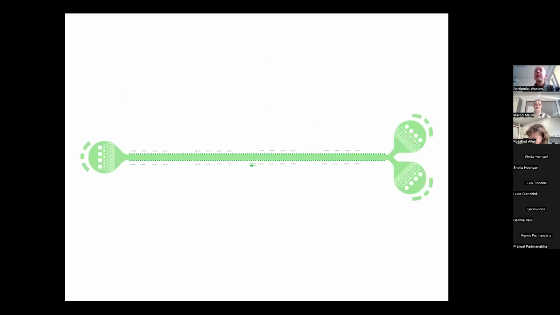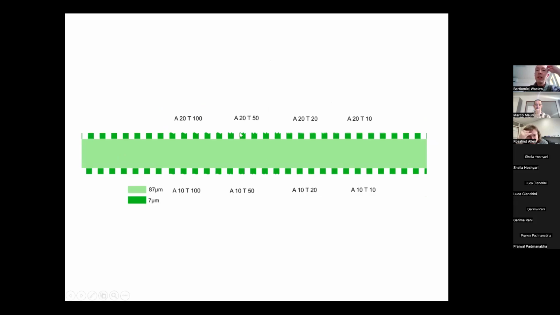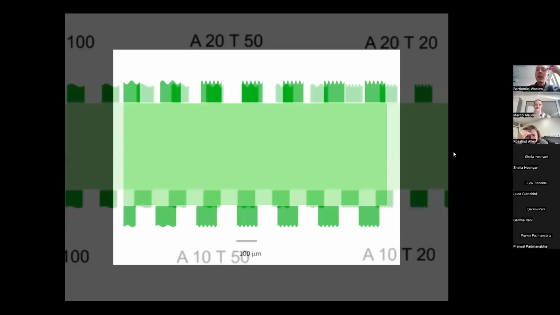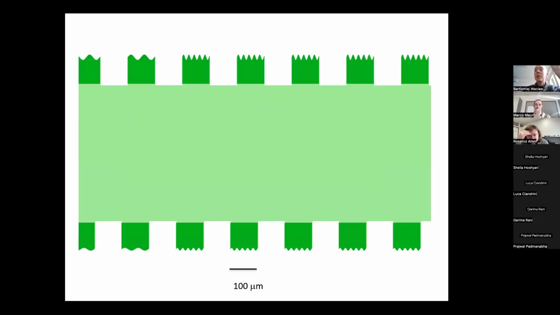And this is the actual microfluidic device. It's a very long channel which supplies the growth medium to the biofilms, but all these biofilms grow in these much smaller side pockets or side wells with different levels of corrugation. So this is how it looks when we zoom into one section of this channel. Through this main channel, there will always be some bacterial medium flowing, and biofilms will grow only in these small side pockets.